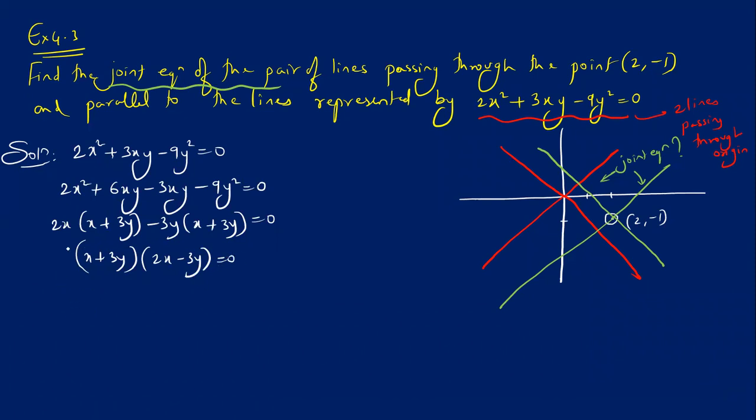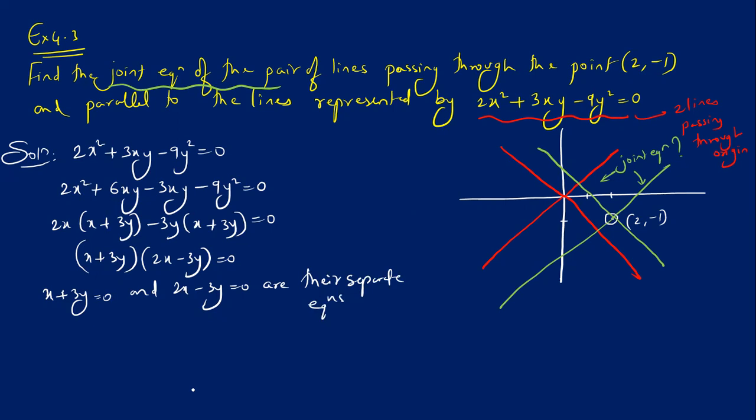Now these are the separate equations. I can separate this: these two factors form the separate equations. So the separate equations are x + 3y = 0 and 2x - 3y = 0. So what I did is I found the separate equations.